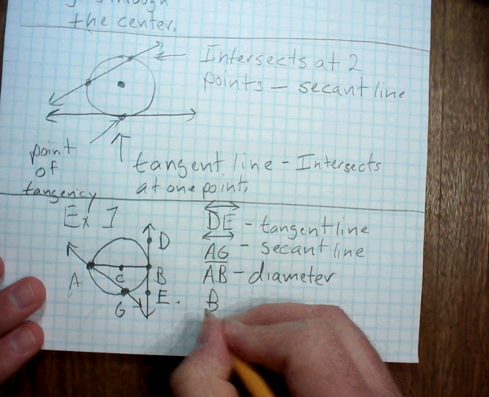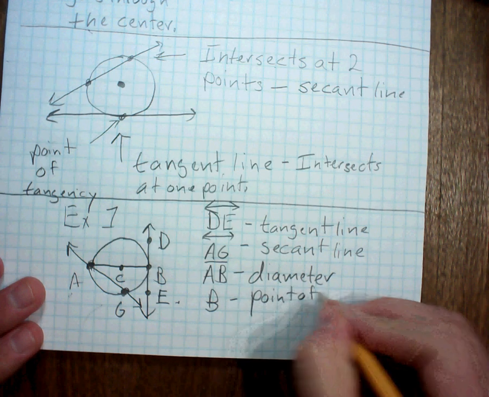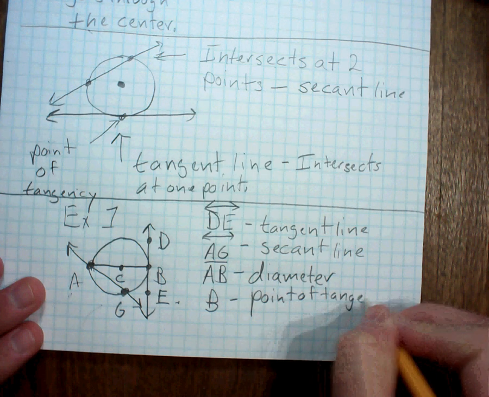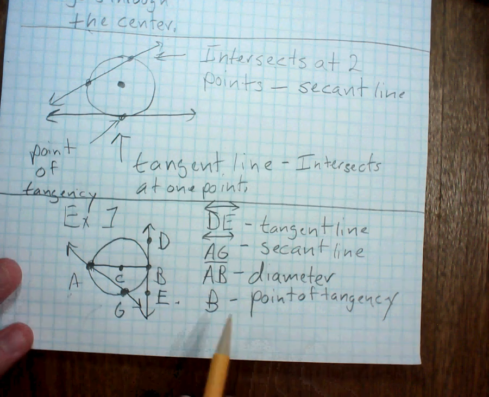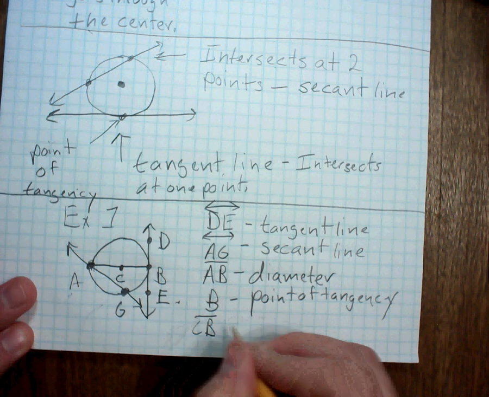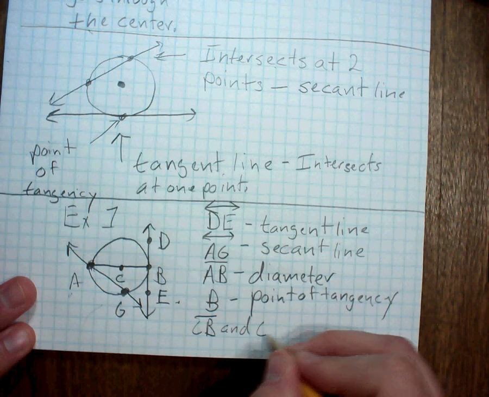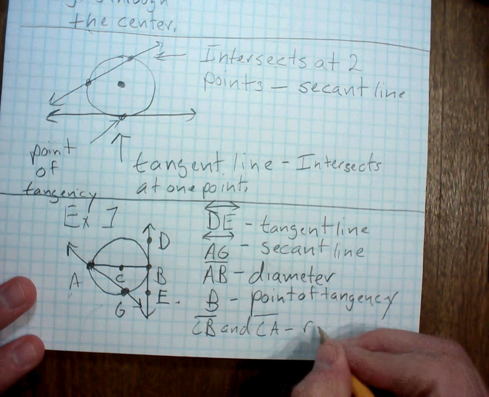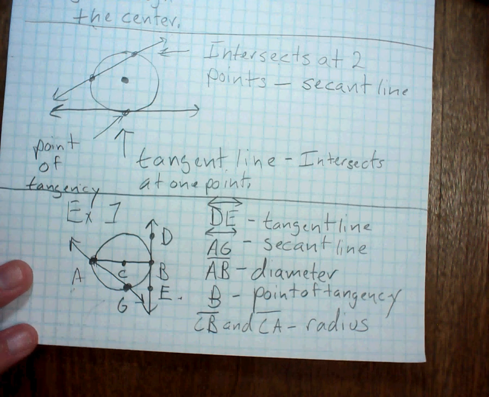B is the point of tangency. And then CB and CA, those are radiuses of the circle. That's it.